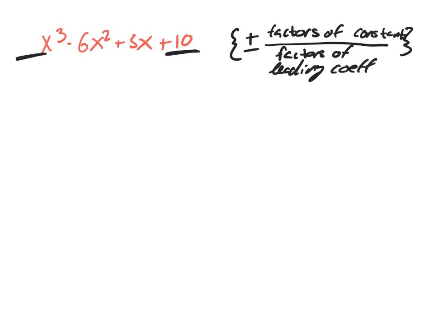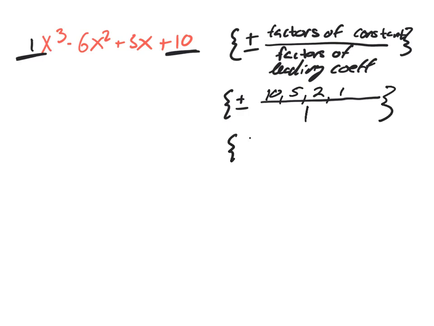That's, in this case, 1. So let's take a look at these. So we're going to have plus or minus. I'm going to write this in kind of a condensed version because this is just our side work, nothing fancy. So the factors of 10, we have 10, 5, 2, and 1, and factors of 1 are just 1.